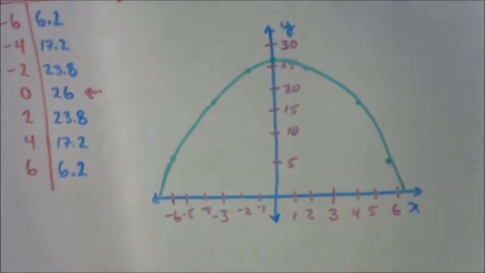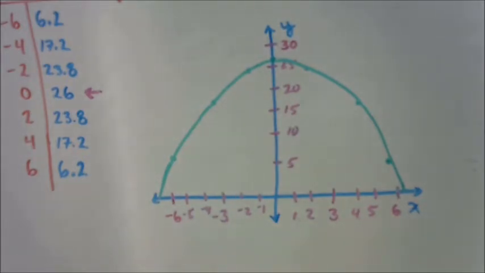So we have a sketch of the graph. The next thing we need to do is describe the shape of the arch. Now the things we can say about it is that it's symmetrical. We can say that it opens down. It has a maximum at 0, 26.